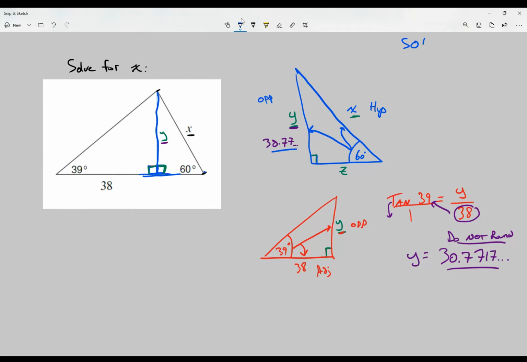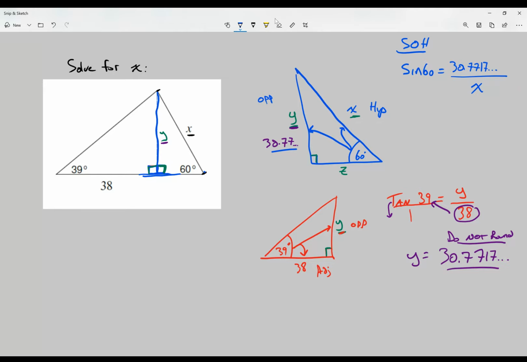So opposite hypotenuse, I'm going to use SOH, or sine. The sine of 60 degrees will equal the opposite, which is y, which I have, 30.7717 and change, divided by x.